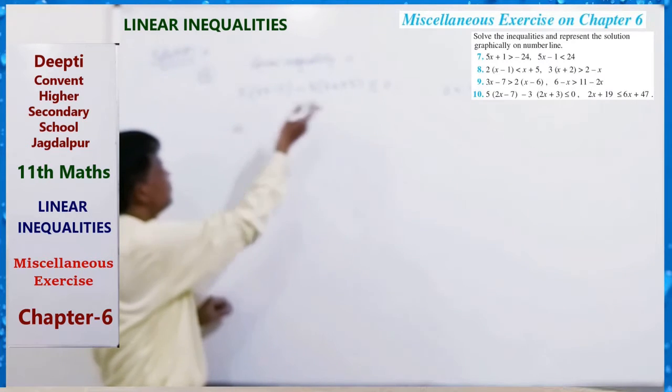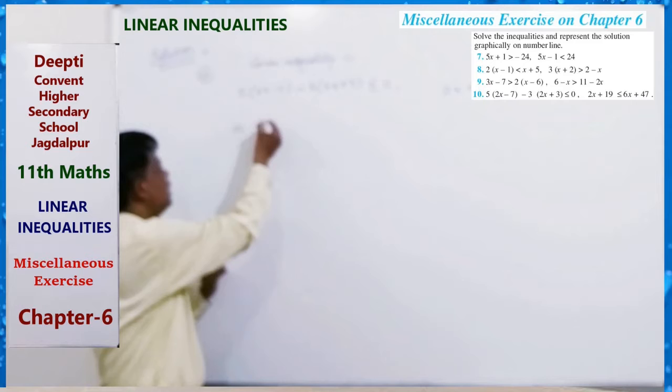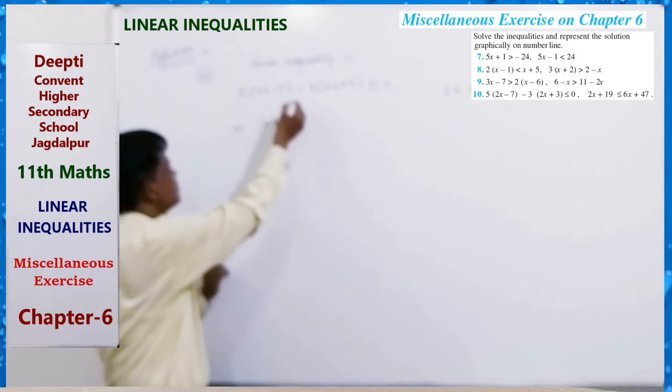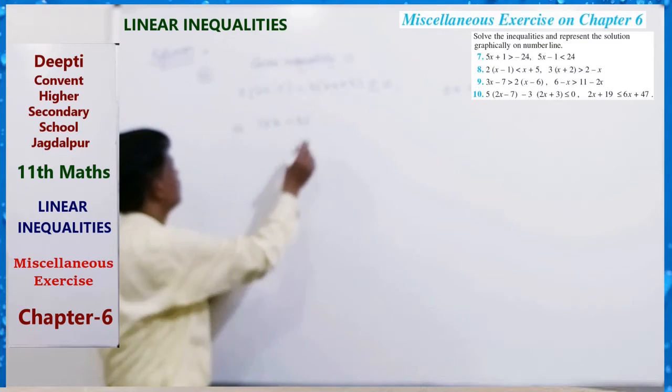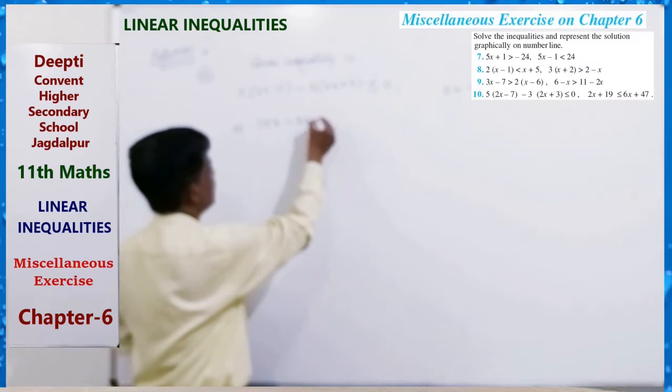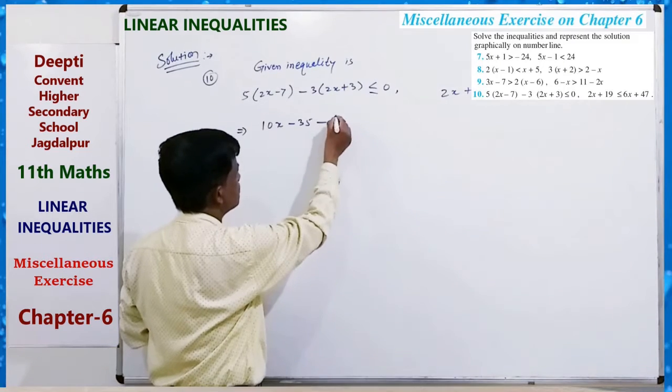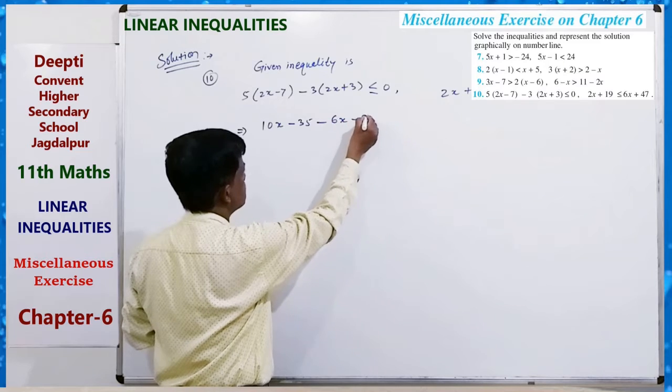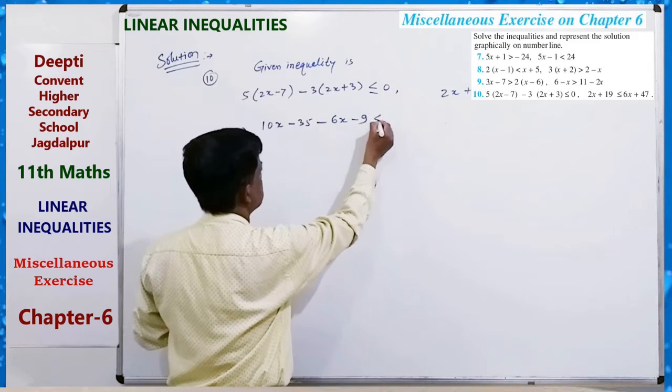So just multiply: 10x minus 35 minus 6x minus 9 is less than or equal to 0.